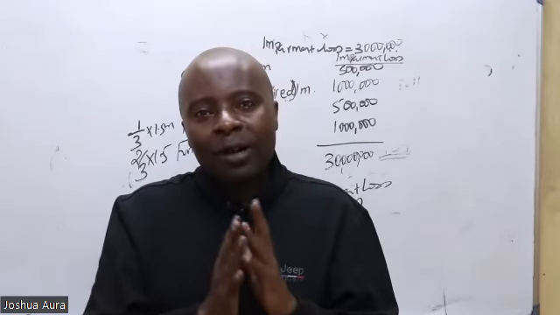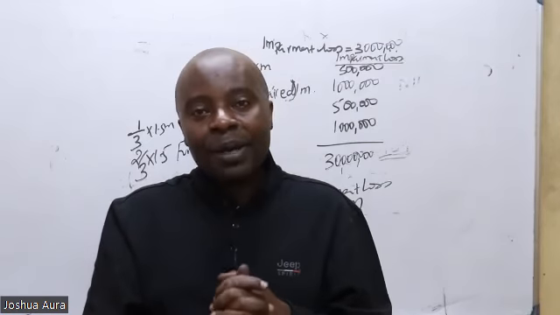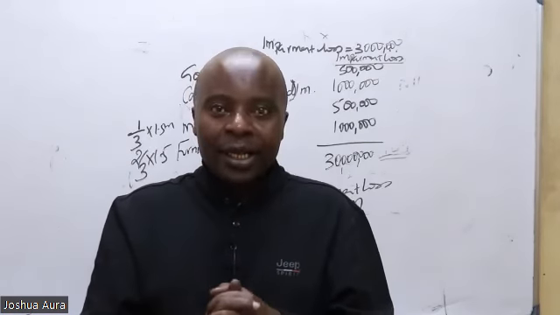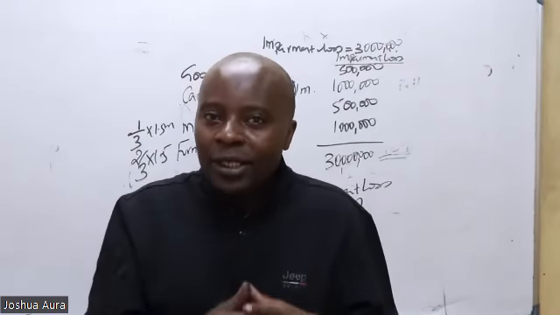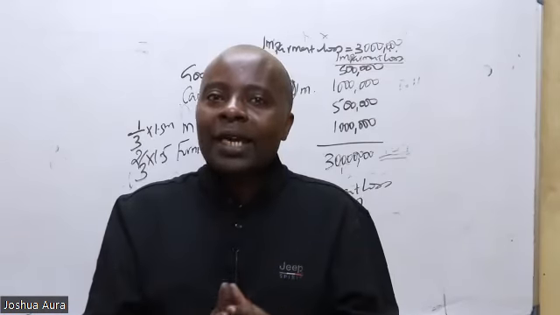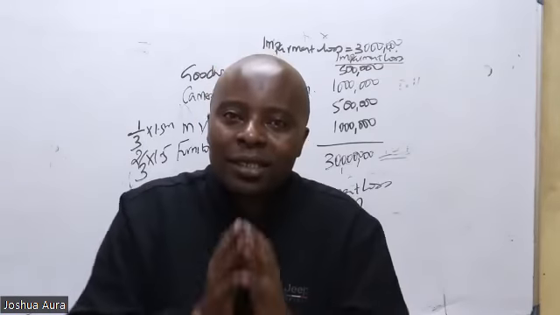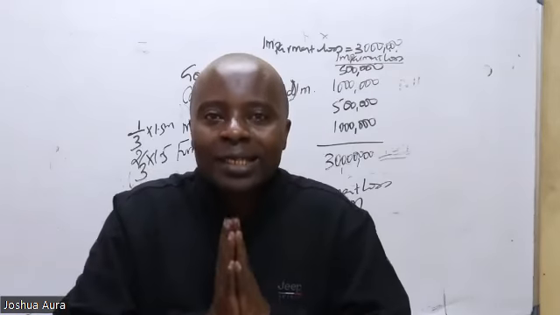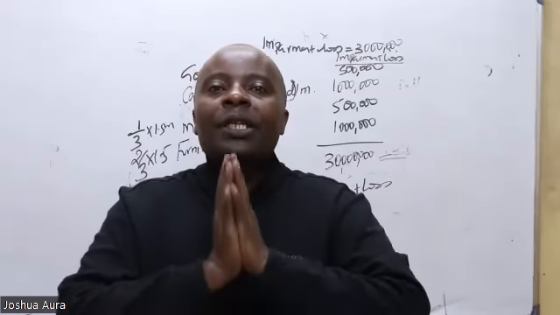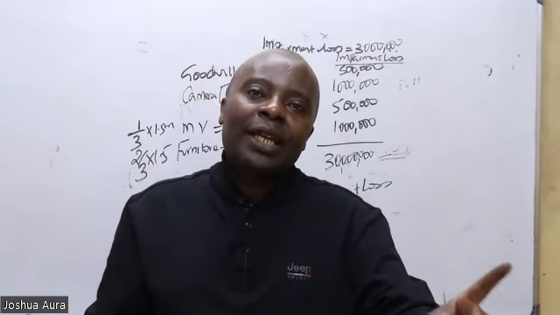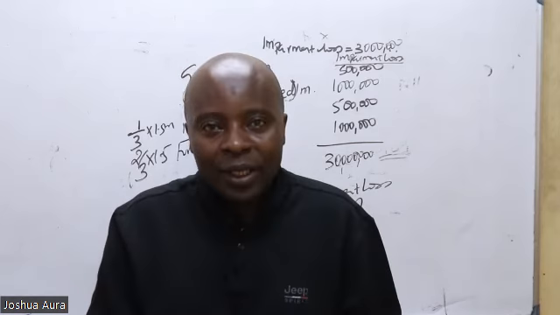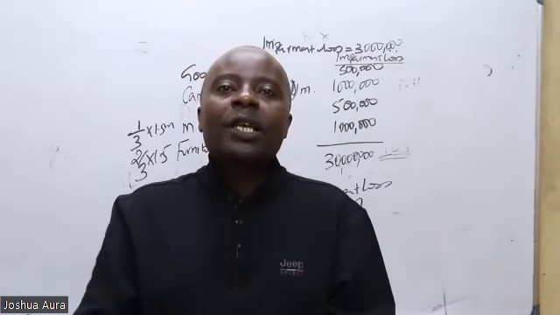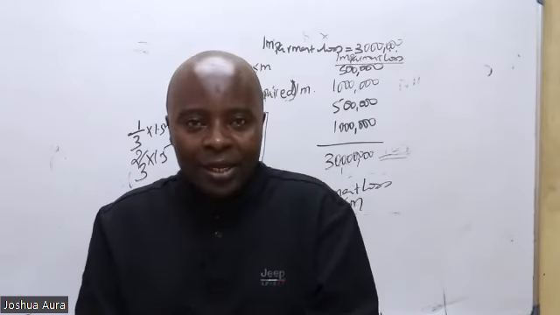The other thing that I will talk about, ladies and gentlemen, in terms of treating impairment loss in the books of accounts is this: any impairment loss for non-revalued assets shall always be debited to P&L.